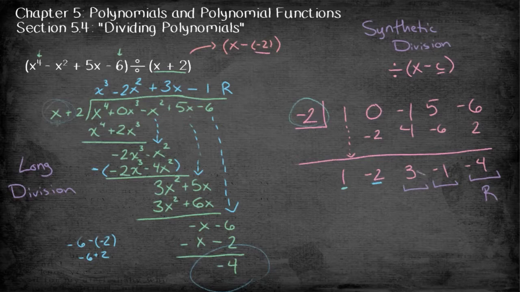The next term after that is the x term, then the x squared term, and then the x cubed term. And so you see, at the end of the day, we end up with exactly the same answer as before, x cubed minus 2x squared plus 3x minus 1 with the remainder of negative 4.